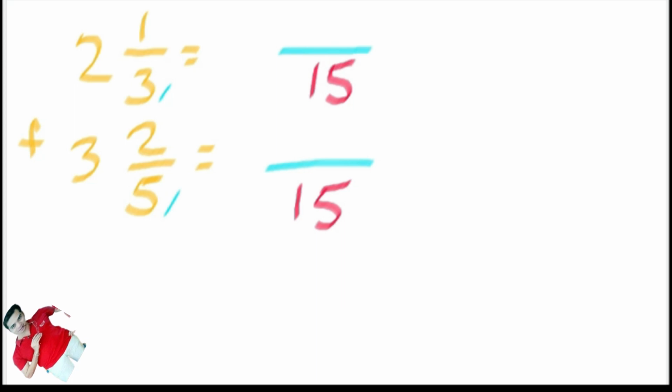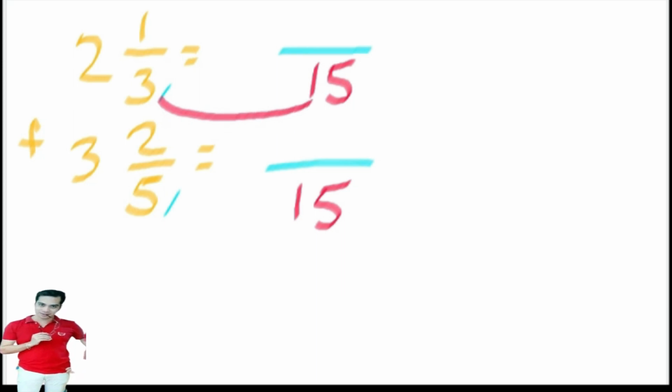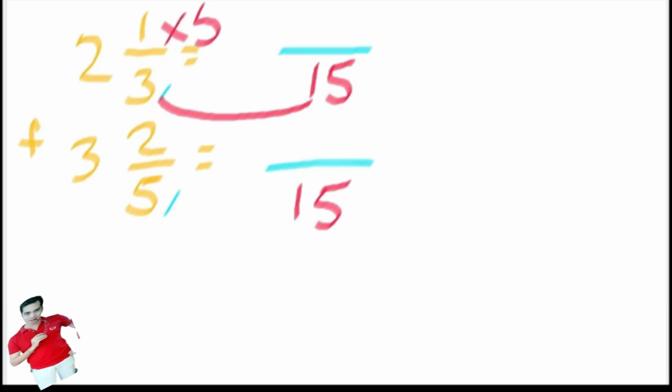So, how do we do it? Once we have the LCD of the denominators 3 and 5, we divide it by each denominator. 15 divided by 3, the answer is 5. Then the answer to that division, we multiply to the numerator. 1 times 5, the answer is 5.